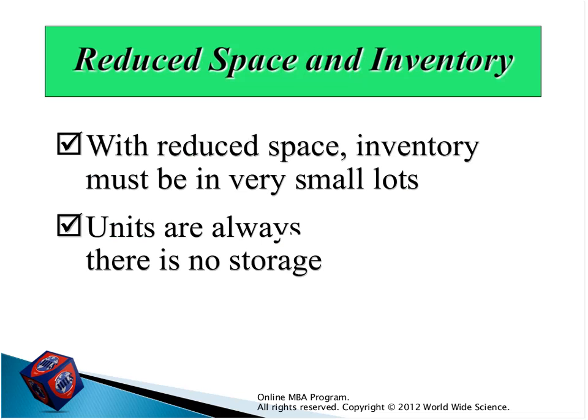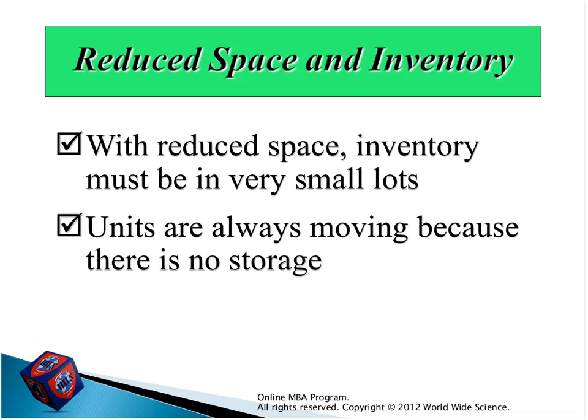Reduce space and inventory. As I told you, with reduced space, inventory must be in very small lots. When you reduce your space, you use less inventory. And units are always moving because there is no storage.